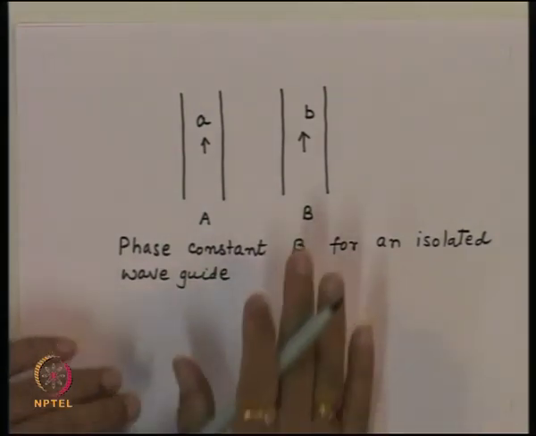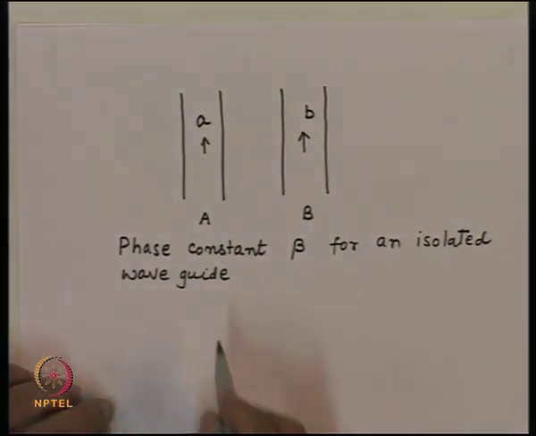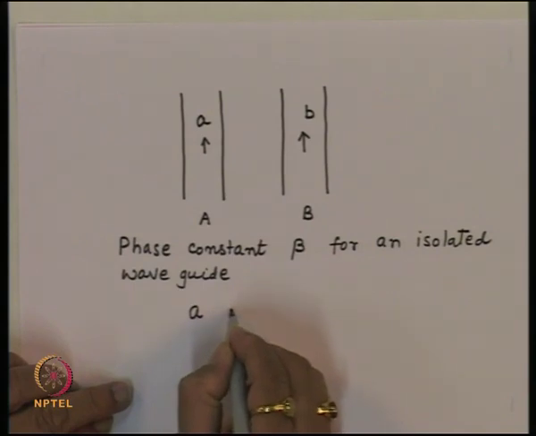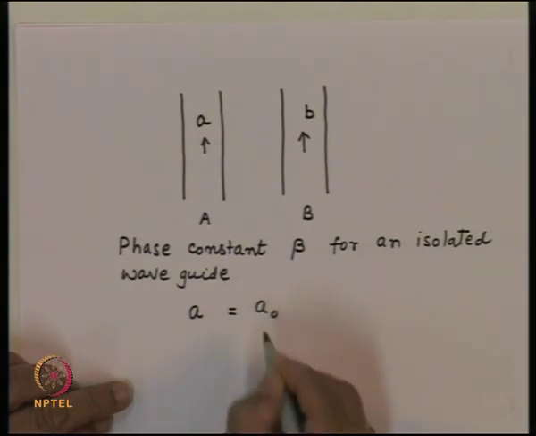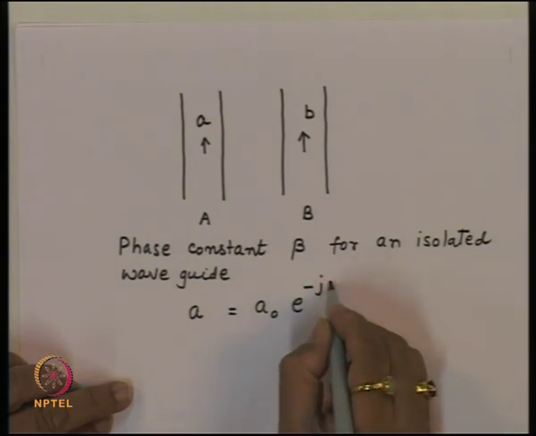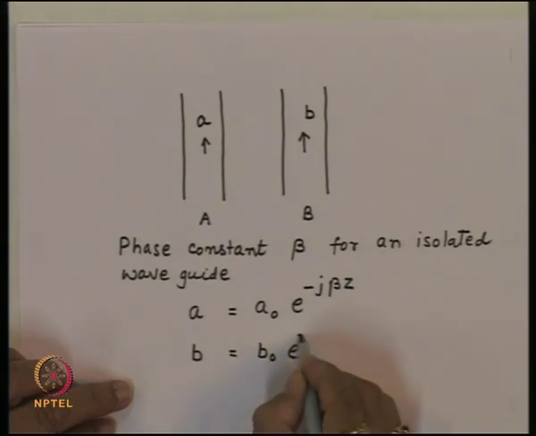When the waveguides are not in the vicinity of each other, we can write these two, A and B. So A will be some amplitude A0 e to the power minus j beta z, and B will be some quantity B0 e to the power minus j beta z.